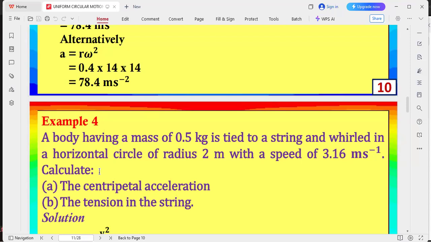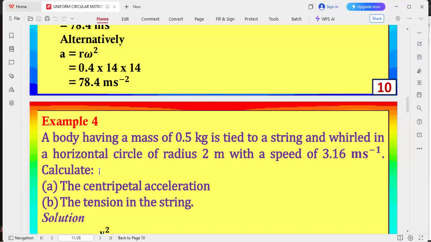So without centripetal force, a body moving in a circular path skids off the circular path. In most cases, it is argued that this force does not exist. Why? It's because it's a force that is provided for by other forces.